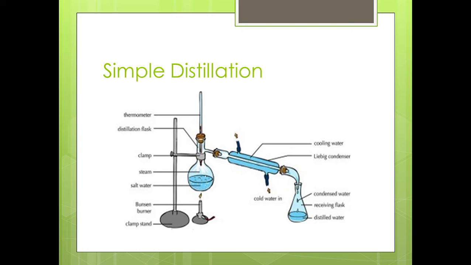Probably the error would be the point where the thermometer bulb is kept, or the point where the receiver flask is closed with the bung. If the receiver flask is closed with the bung, that would be wrong, because pressure could build up inside the receiver flask and cause the flask to blast. So make sure to remove the bung. And the thermometer bulb should be where the Liebig condenser starts, by leaving the flask.